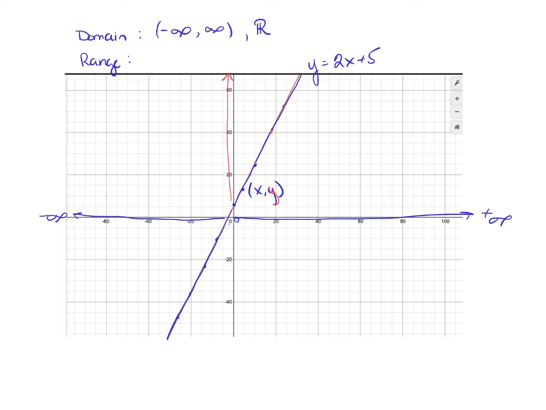And then we also have y values, if we take a look at the left side of the function here, that are negative. So the y values consist of all the real numbers from negative infinity to positive infinity. So we can write that using set notation as y. The range is all the negative numbers all the way up to the positive numbers, or again, the set of real numbers.